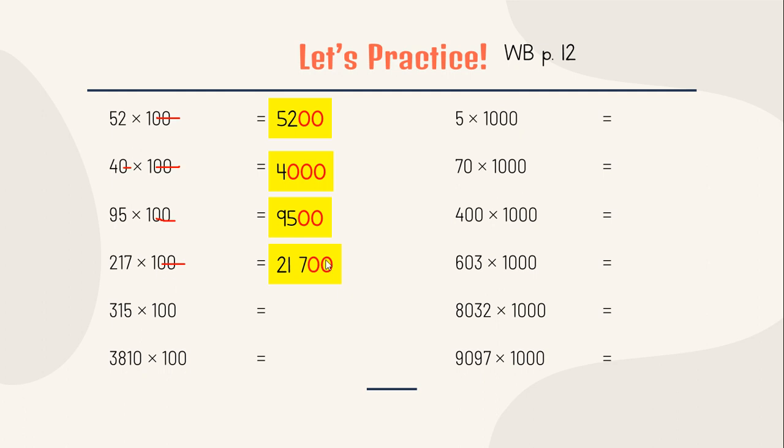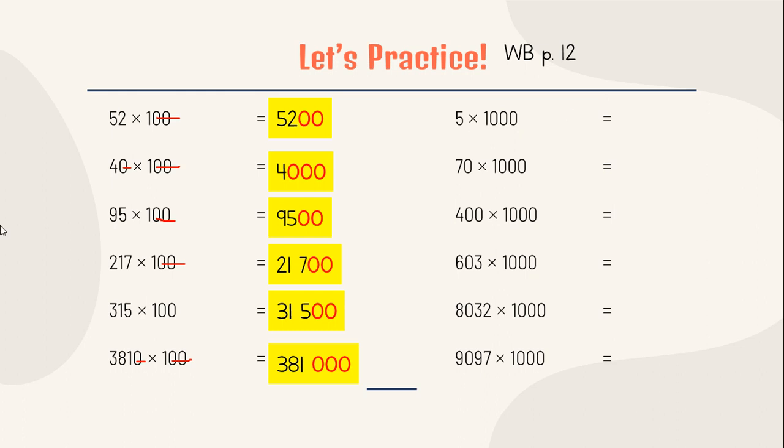Because there are 2 zeros here. 315 times 100. That's it. 315, and I put the zeros in the back. 3,810 times 100. Look at this, set it aside. These are set aside. So that's it. We have 3 zeros. 1, 2, 3. Okay.